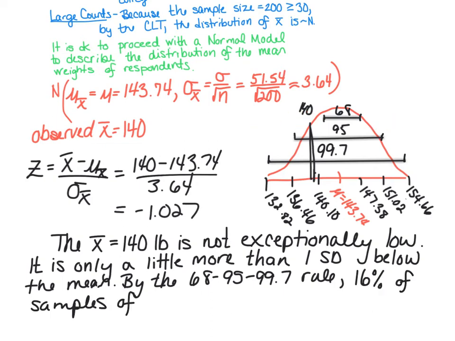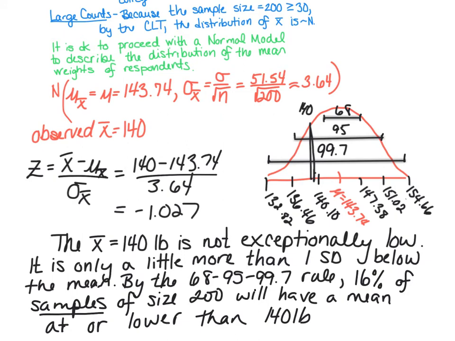So I'm saying 16% of samples, now I'm talking about the sampling distribution, of samples of size, always state the size, of size 200 will have a mean at or lower than 140 pounds, because it would be that or more extreme.